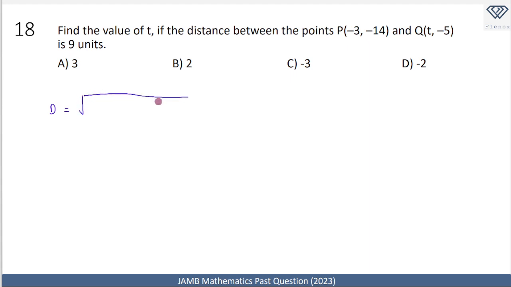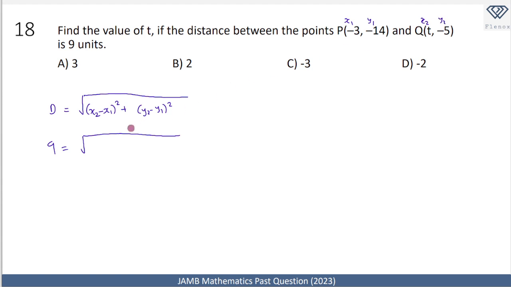You should know this formula. x2 minus x1 squared plus y2 minus y1 squared. Now we've been told what the distance is. I'm told that the distance is 9. So 9 is equal to the square root of, now we can label our axis over here. We can just call this x1, y1, x2, y2.